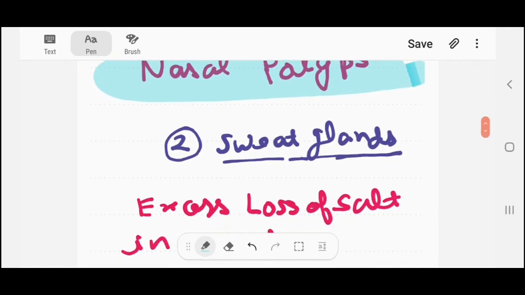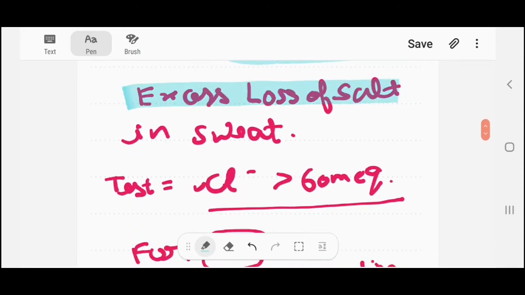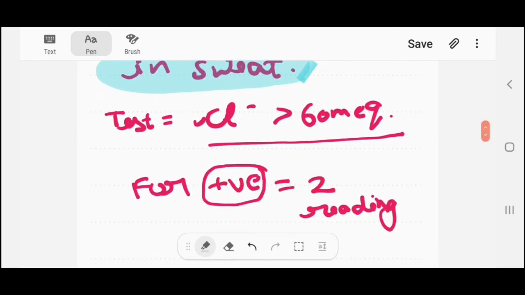Now guys, second is the sweat glands. If it is affecting the sweat glands, there will be excess loss of salt in the sweat, with more and more chloride loss. There's a screening test for this.